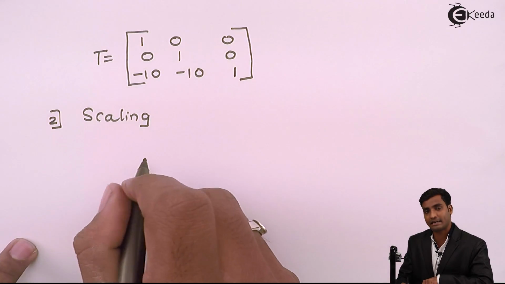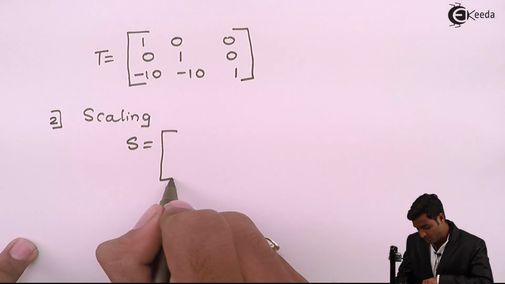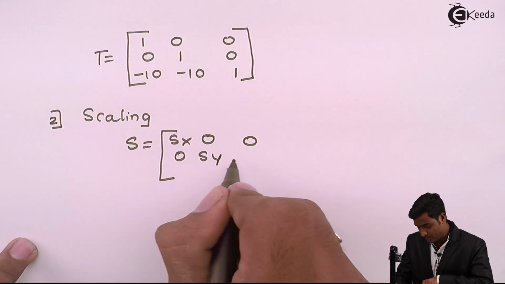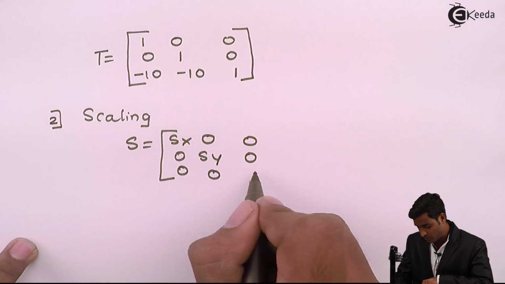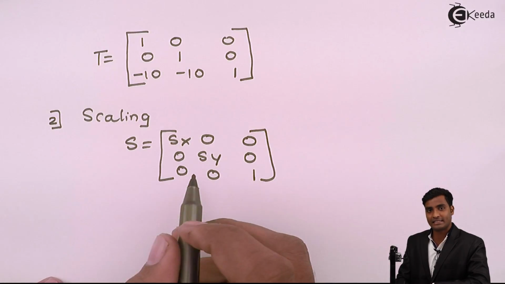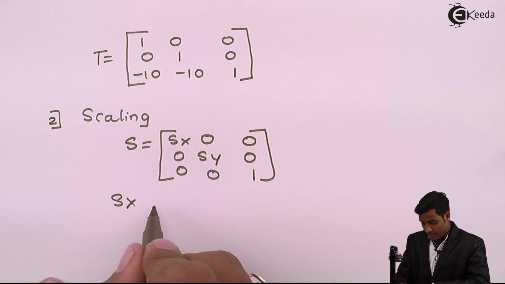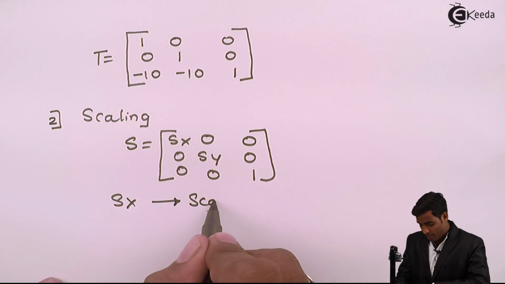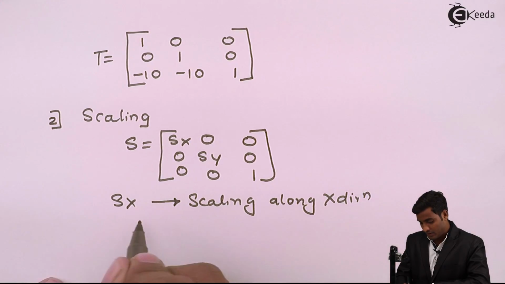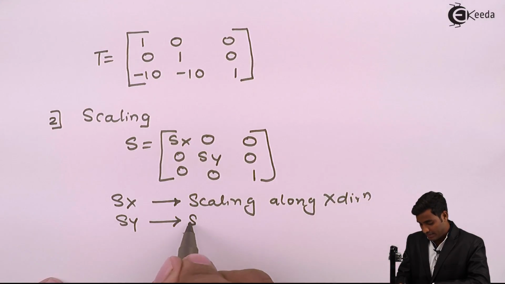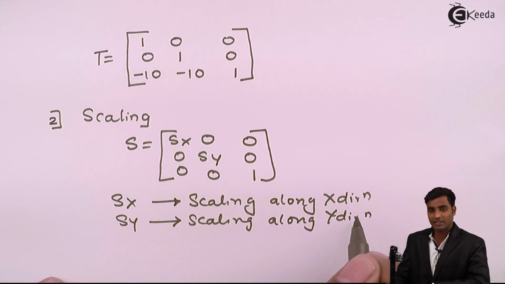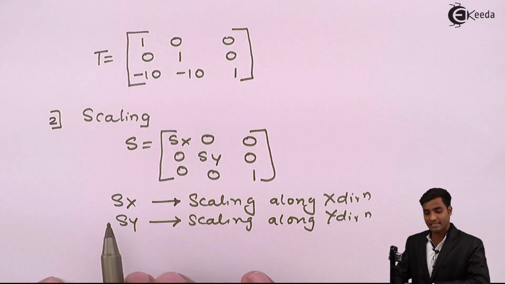The standard scaling matrix is S equal to Sx 0 0, 0 Sy 0, 0 0 1. For this we will require the values of Sx and Sy, where Sx is scaling along the x direction and Sy is scaling along the y direction. So we will have to calculate the values of Sx and Sy.